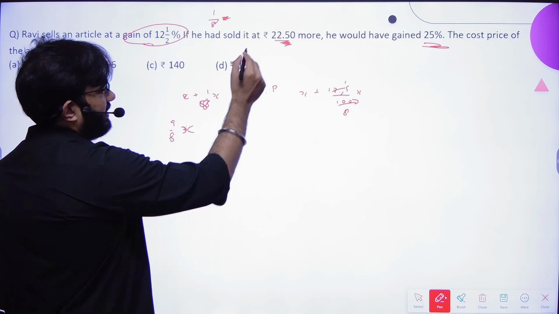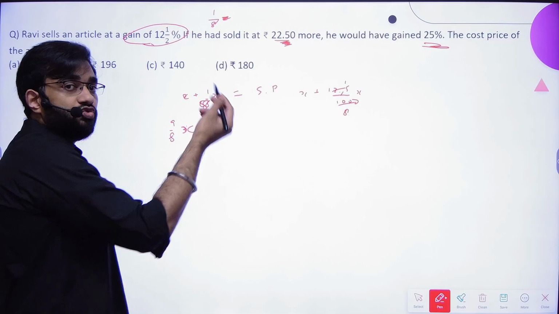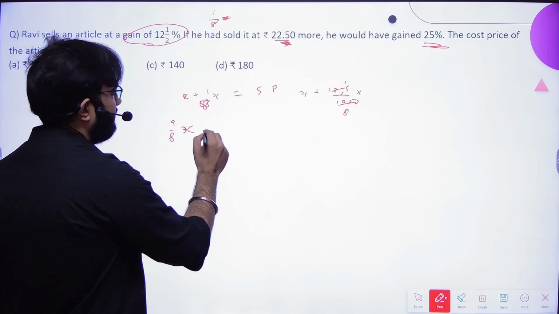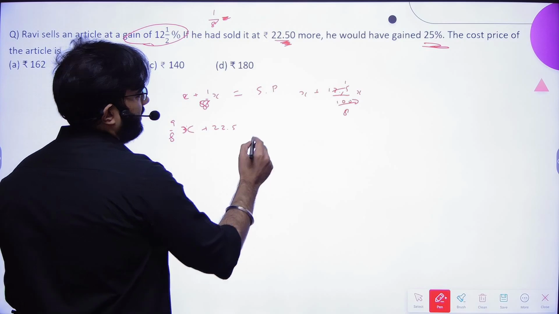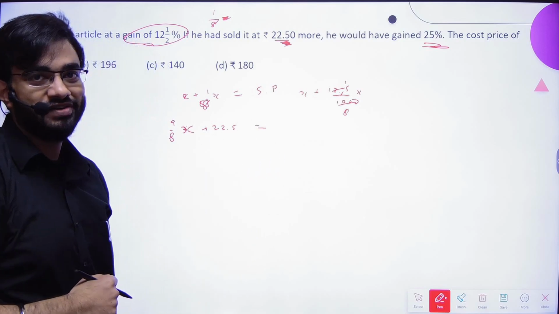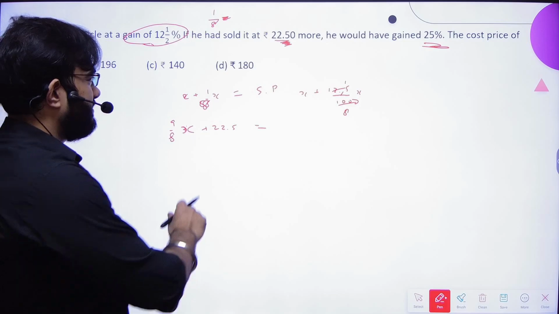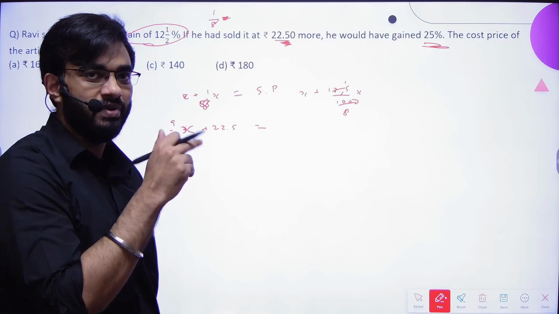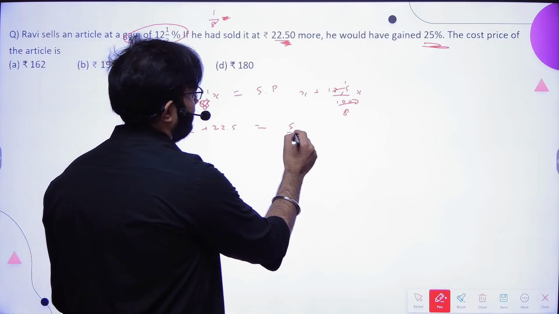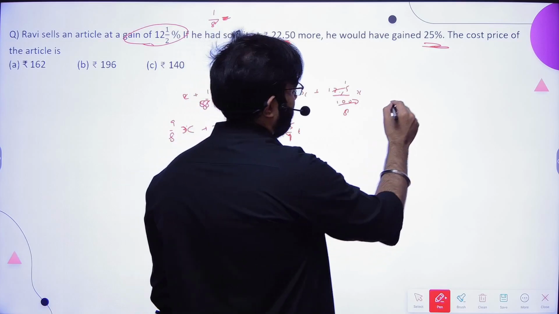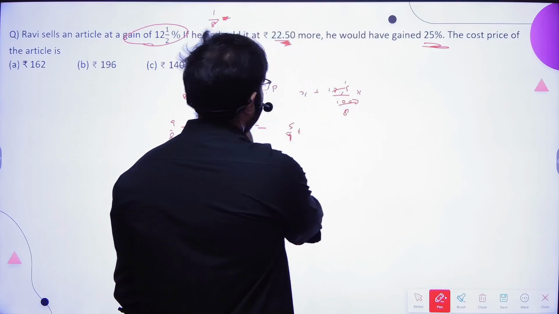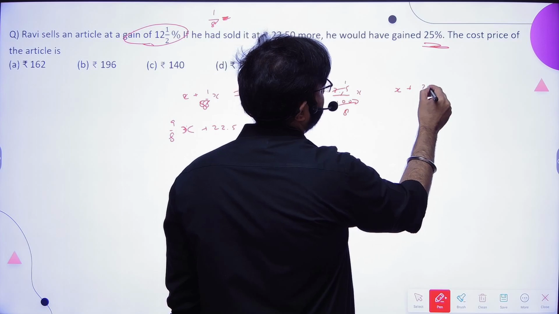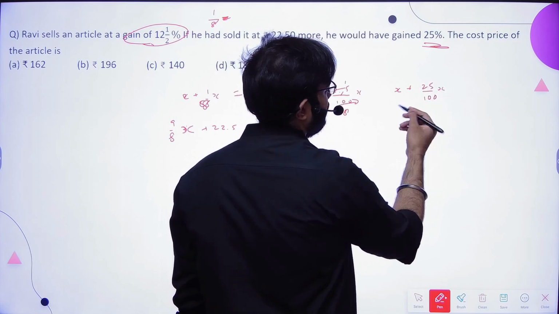Now it is saying, had he sold the same product at 22.5 more, he would have gained 25%. So 25% is 1 by 4, so 1 plus 1 by 4 will be 5 by 4. Or to simplify, if the cost price is x, x plus 25% of x will be the new SP.